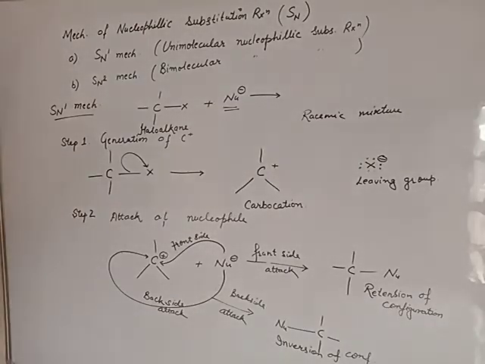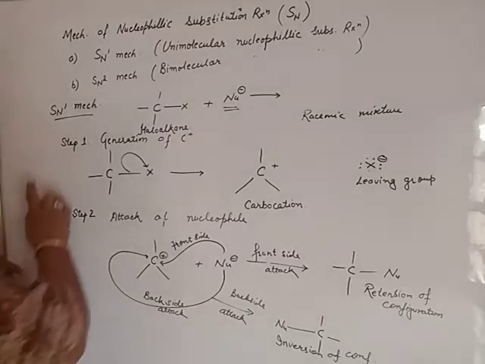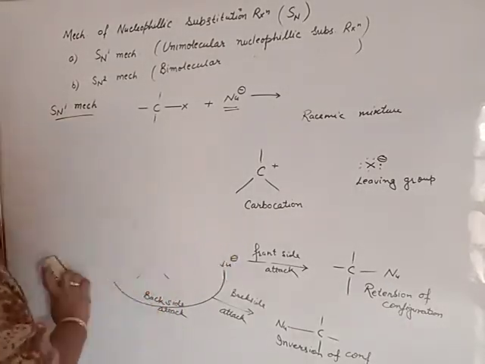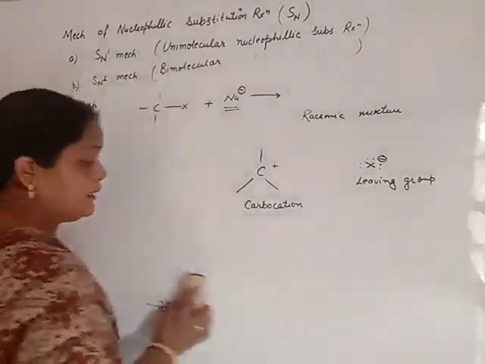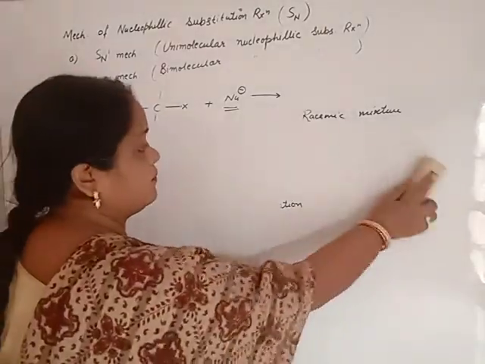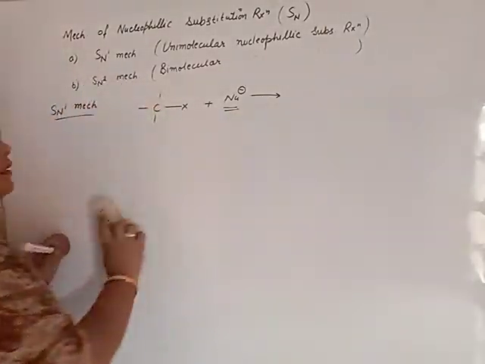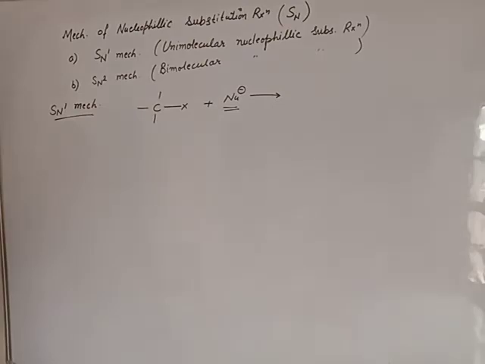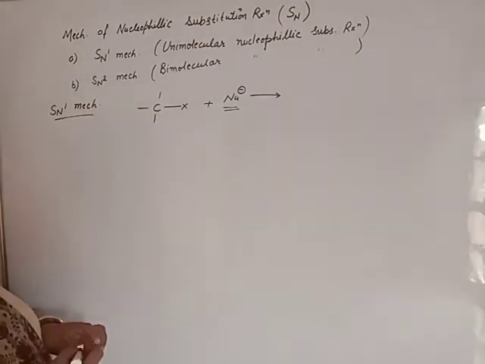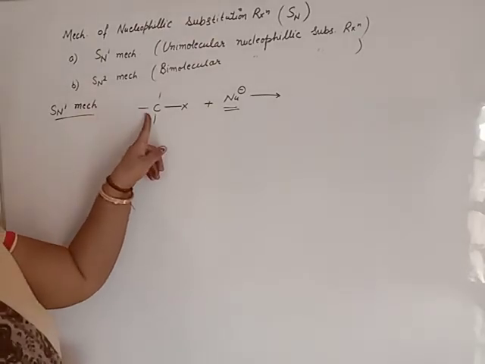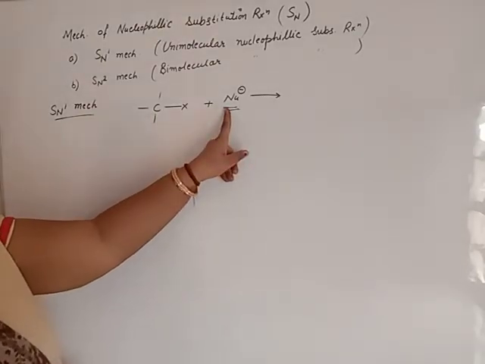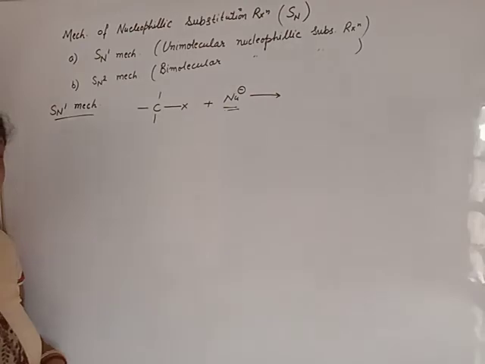Now another is the SN2 mechanism. Beta, SN2 means bimolecular. For bimolecular nucleophilic substitution reaction, rate of reaction depends upon both haloalkane as well as nucleophile. That means it is a one step mechanism because both reactants react together.